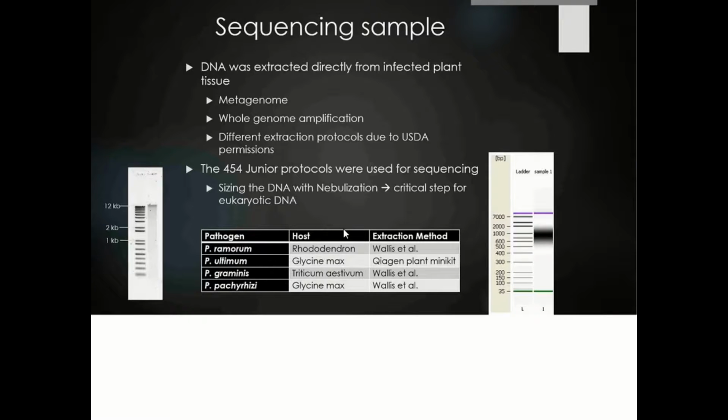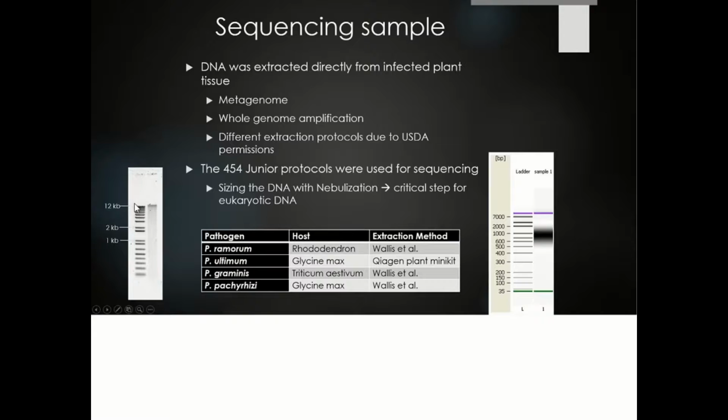So everyone talked about eProbe design, but I'm going to talk about sequencing samples a little bit in this slide. Whenever we try to sequence the samples, Tony and John, since they have a small genome in their organisms, probably don't have to go through the step of nebulization, which shreds the DNA or RNA before sequencing. So in this case, for eukaryotic samples, it's very important to shred or cut the DNA into small pieces.